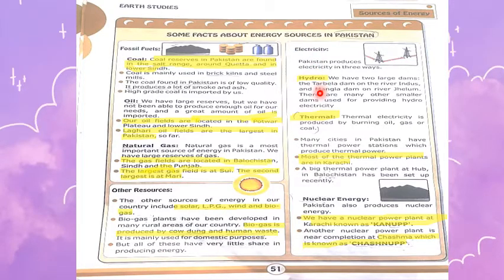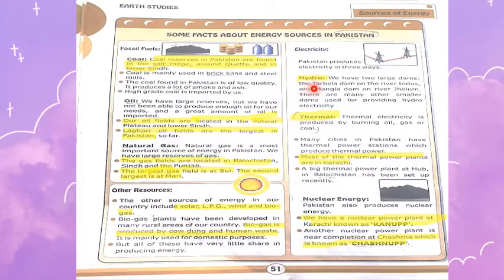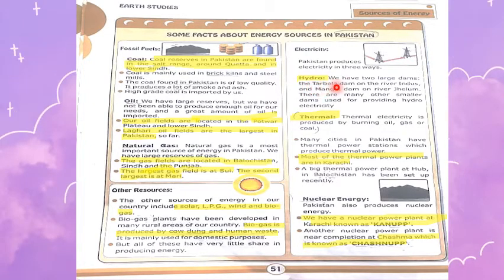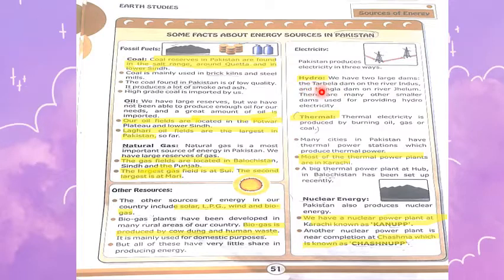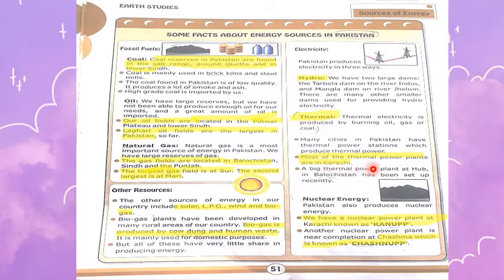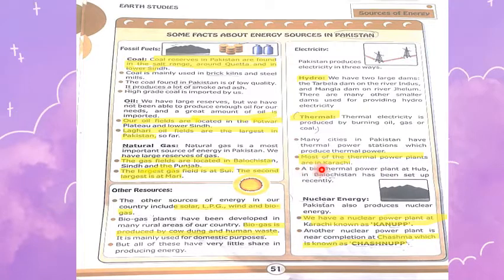Here you can see that in Pakistan hydroelectricity is used. Okay, it means that by hydroelectric power, energy is produced. And the other means of producing electricity is thermal energy. Most of the thermal power plants are in Karachi.